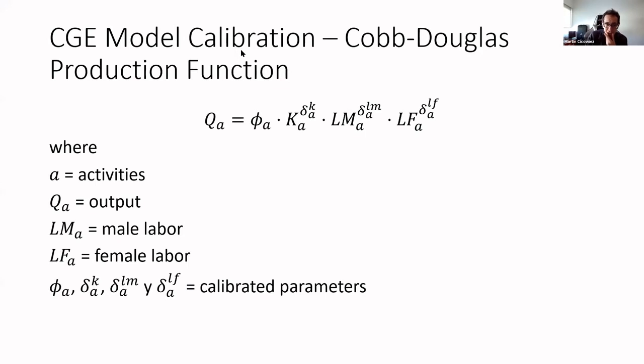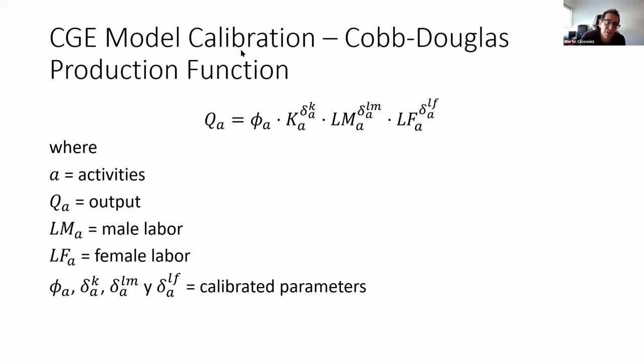Okay, and once we have a social accounting matrix that, as I showed you, is a picture of a given economy, imagine that we have more than one activity, more than one commodity, and then we want to use that table to calibrate the model. And this is what we are going to be doing next week.